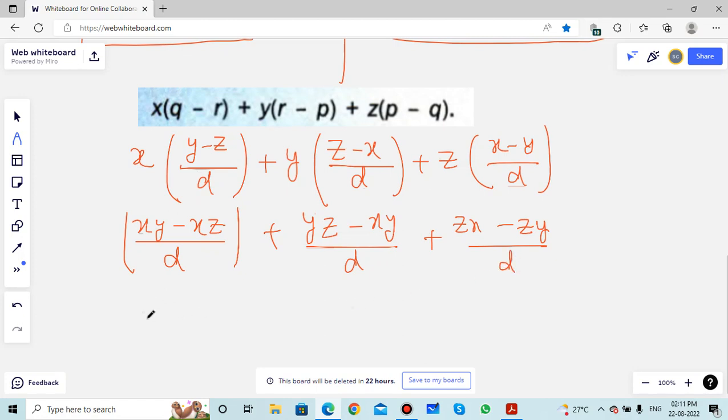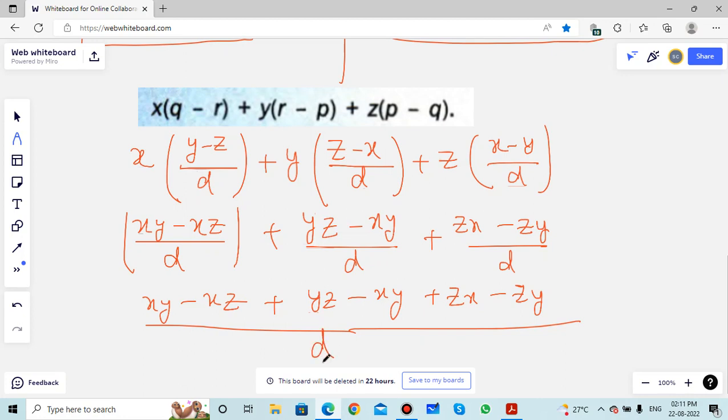Everything is over d here. So xy minus xz plus yz minus xy plus zx minus zy, this whole thing upon d. xy is plus, xy is minus, 0. xz is minus, xz is plus, 0. yz is plus, and yz is minus, 0.